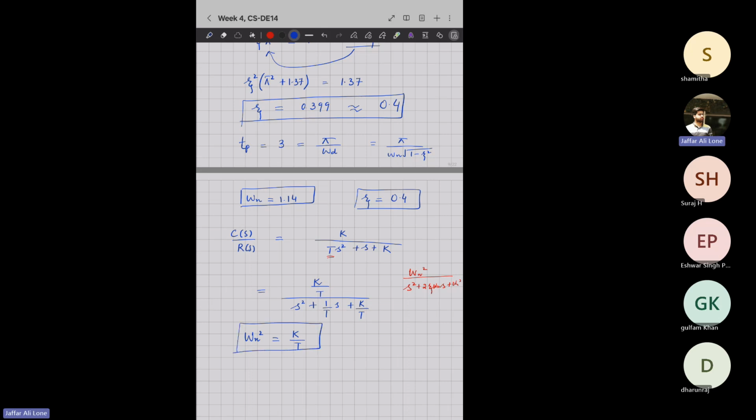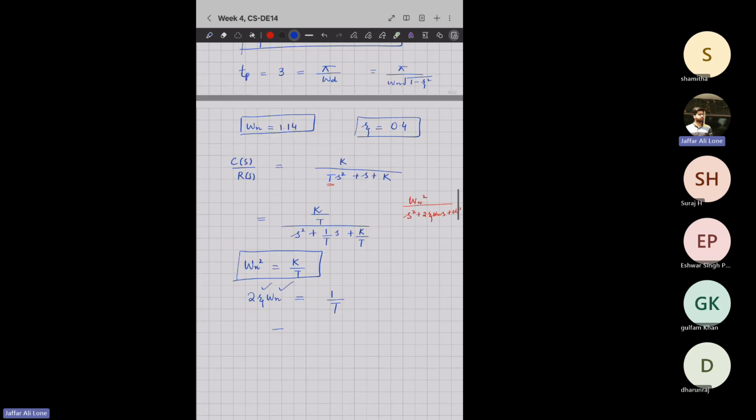There is another expression which is 2 zeta omega n, which is equal to here 1 over T. You know zeta, you know omega n, you will get the value of T. So you will get the value of T as 1 by 2 into 0.4 into 1.14, which is equal to 1.096.